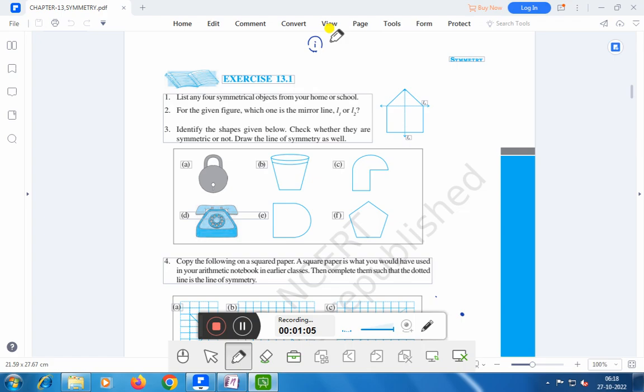Lock is a symmetrical object. We can write lock, L-O-C-K, right?